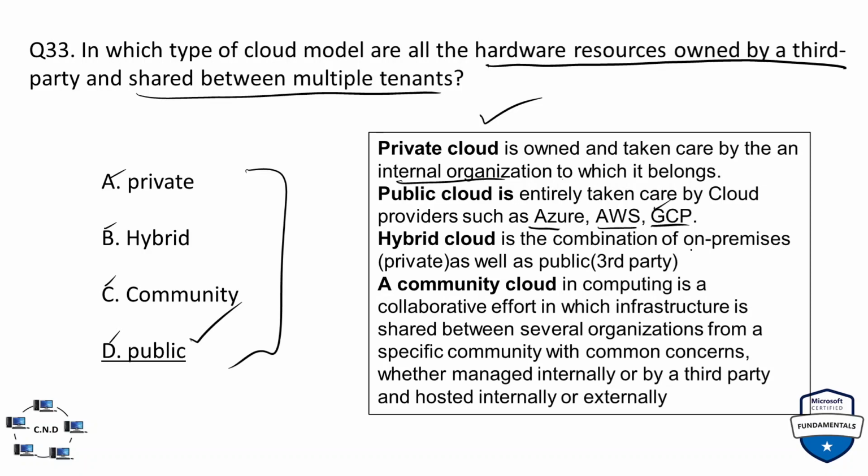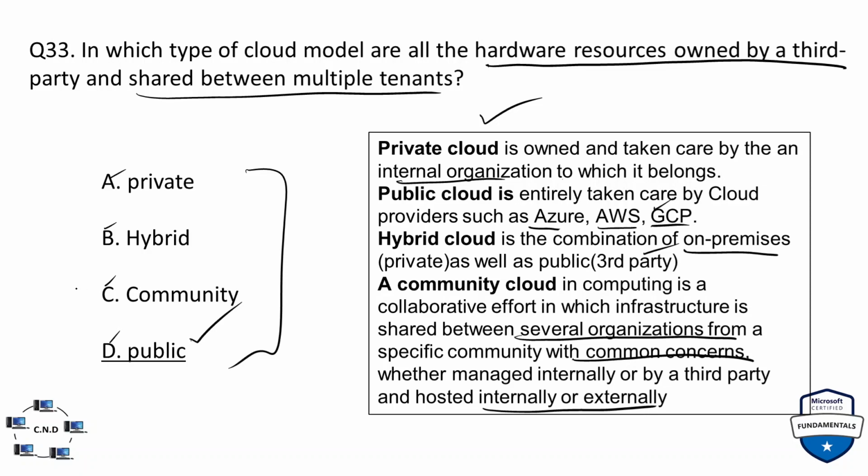Hybrid cloud is a combination of on-premises, private, as well as public or third-party cloud. Another term is the community cloud, a collaborative effort in which an infrastructure is shared between several organizations from a specific community with common concerns, whether managed internally or by a third party and hosted internally or externally.